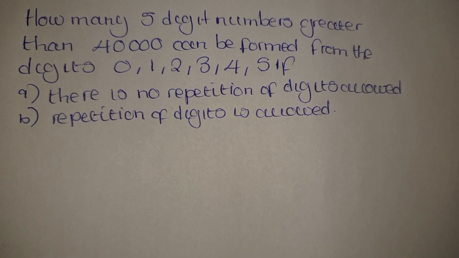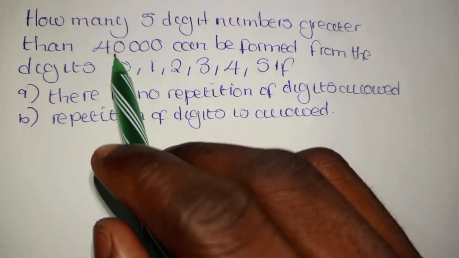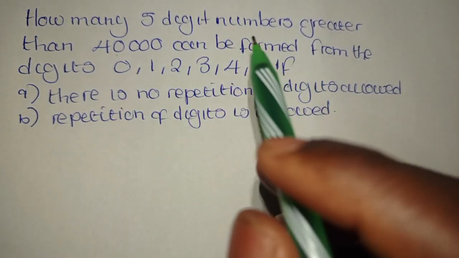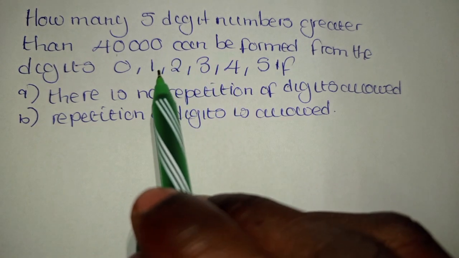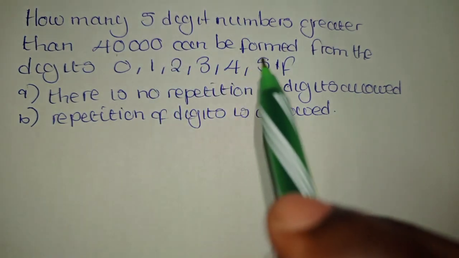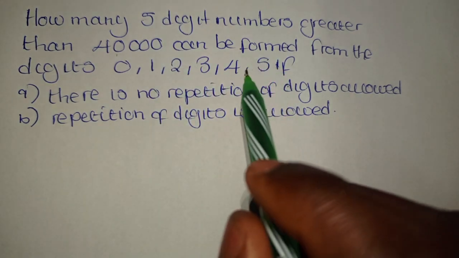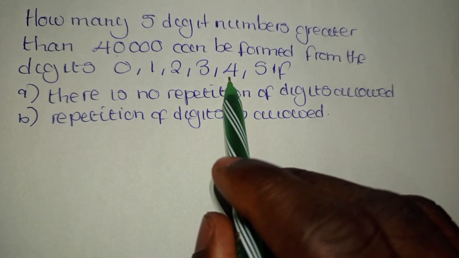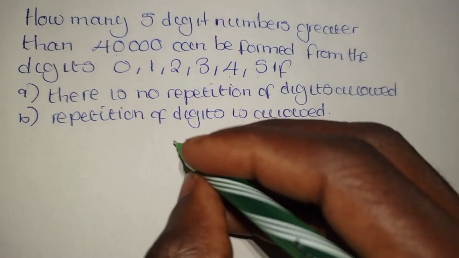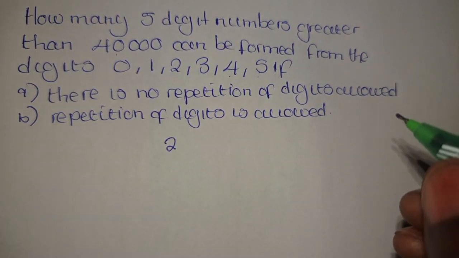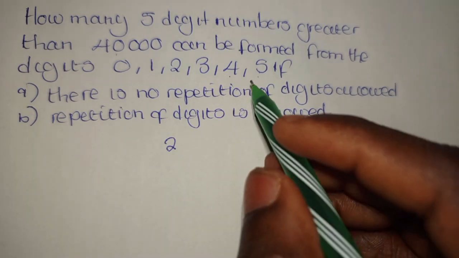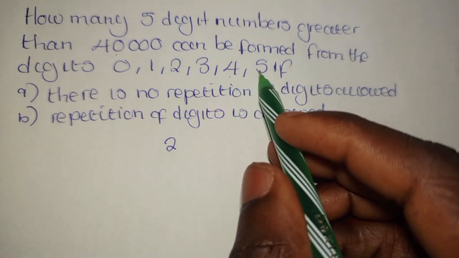So we know that for you to create a number of 5 digits greater than 40,000, the first place can only be chosen between two numbers, either 4 or 5. So the first place can only be occupied with two numbers, either 4 or 5.